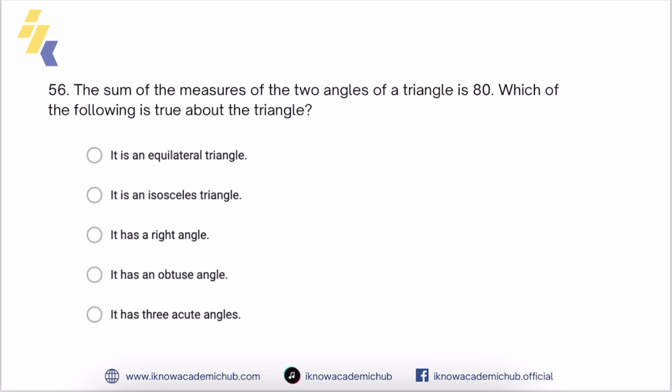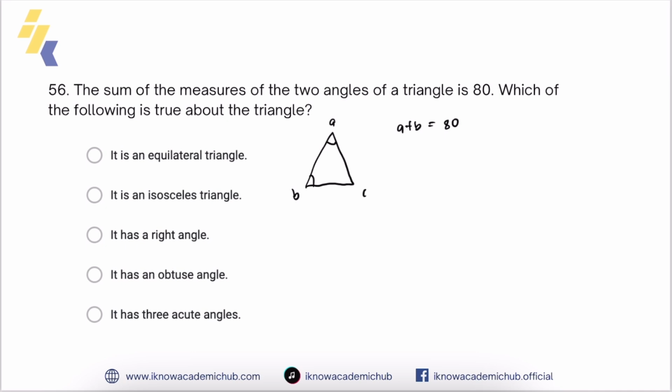56. The sum of the measures of two angles of a triangle is 80 degrees. Which of the following is true about the triangle? So let's draw the triangle first. And the sum of the measures of the two angles of a triangle, say A and B, that's A plus B equals 80.